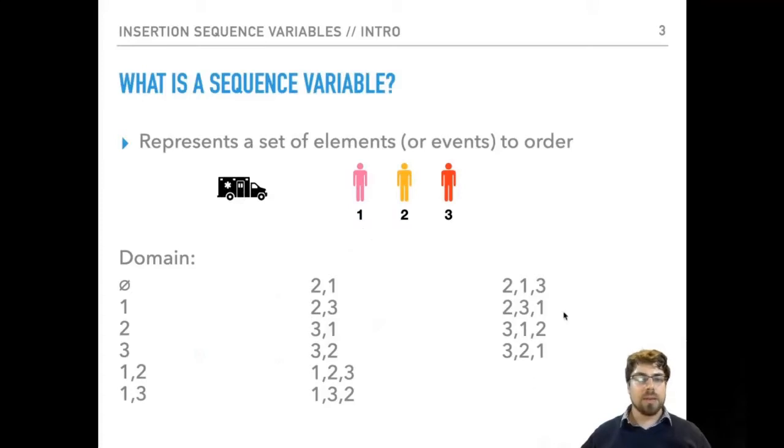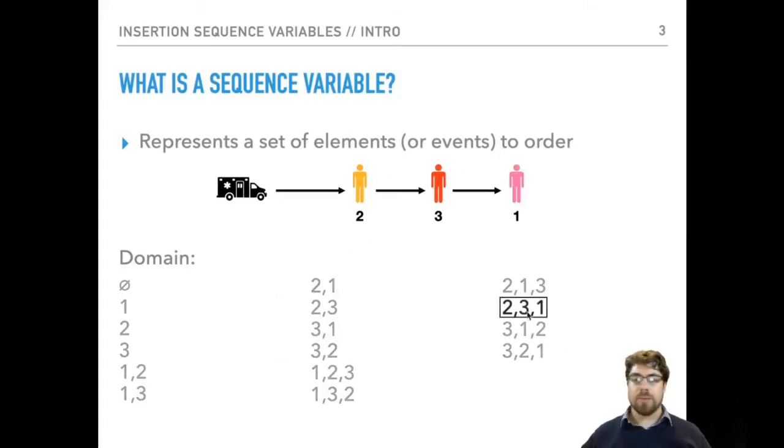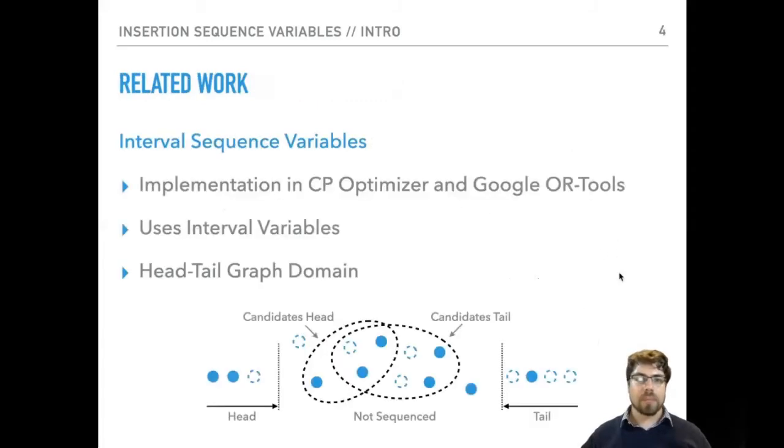And so our domain will be the set of all possible combinations for this visit. Once the variable is bound, it will be linked to a single combination that will be the visit of our vehicle.